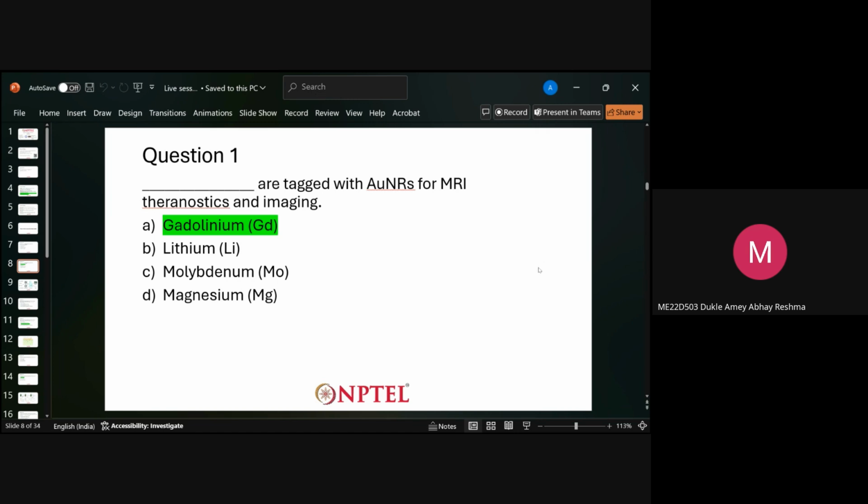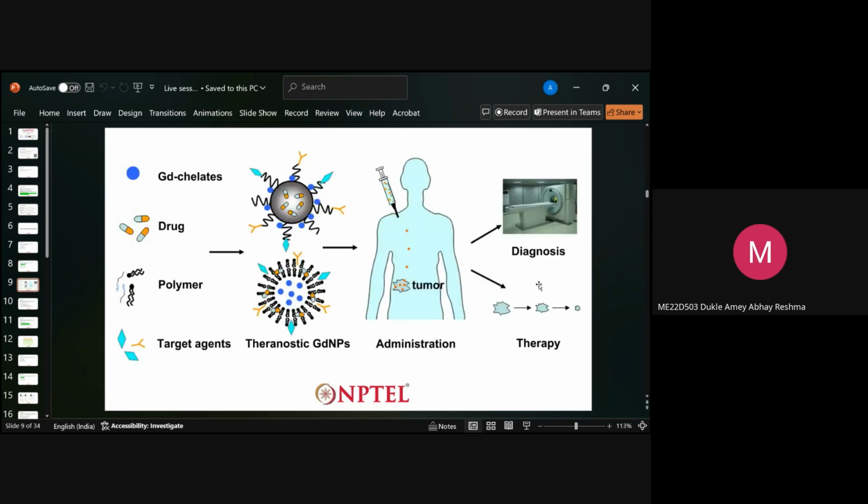So basically, this is how it looks like. We use a gadolinium nanoparticle. Then over that we coat the drugs and the polymers and the target agents. Basically, everything is coated on the gadolinium nanoparticles. Then they are injected at the tumor site. Using that, you can diagnose as well as do the therapy.